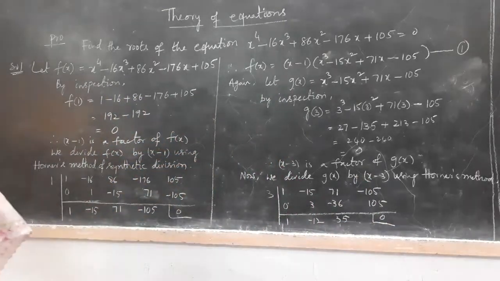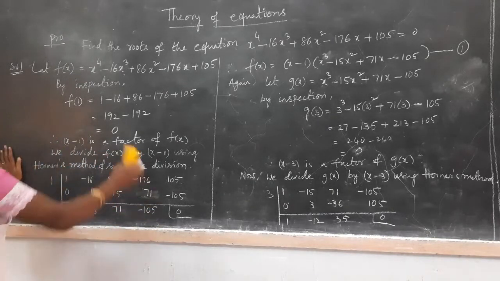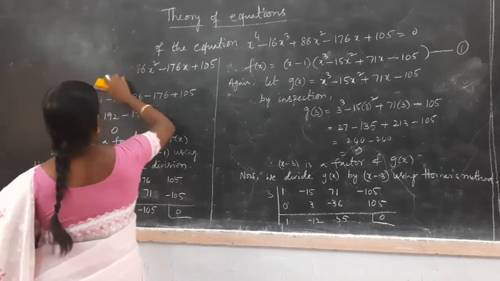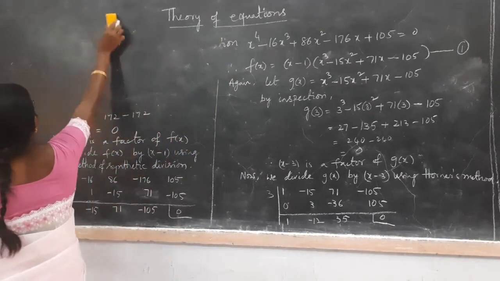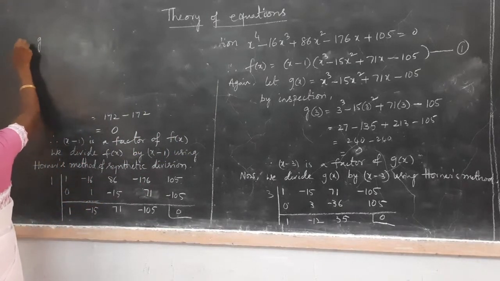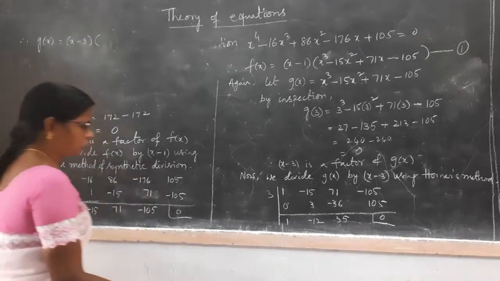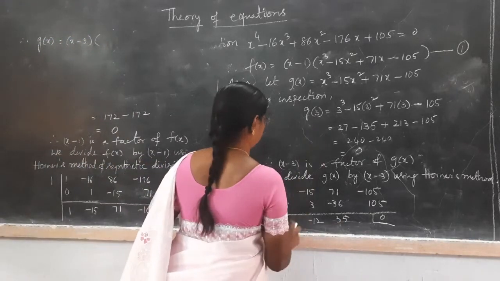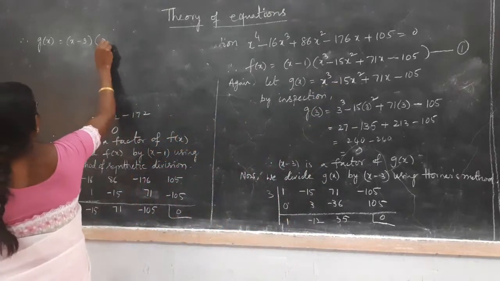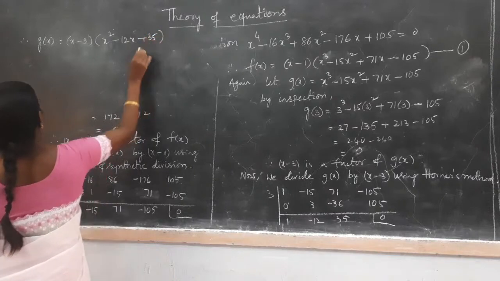Therefore g(x) is equal to x minus 3 into the quotient. Reduce the degree of the cubic by one: 1 into x square minus 12x plus 35.